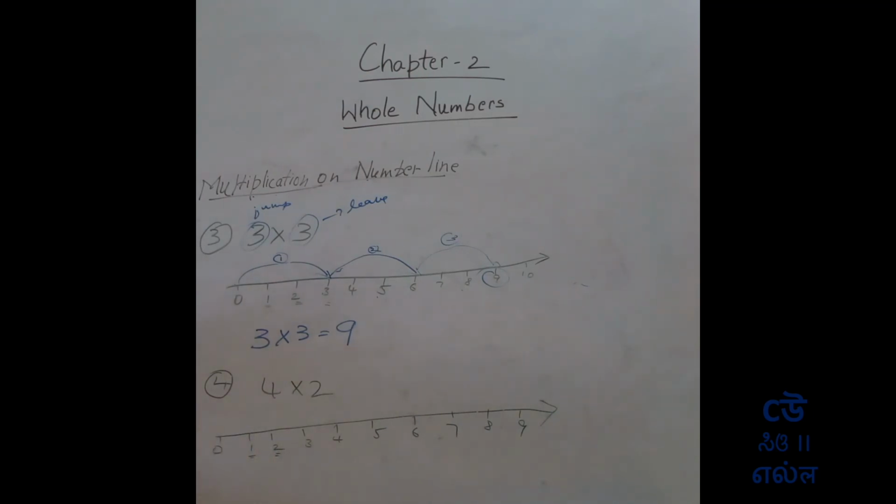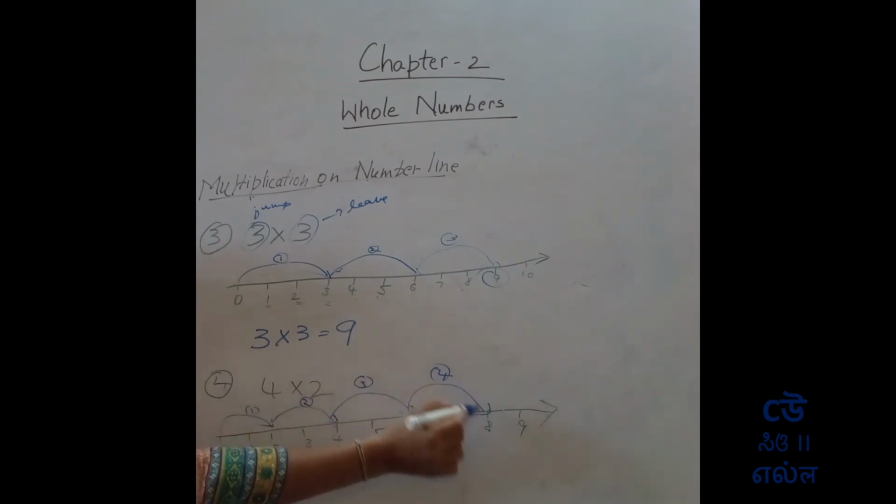If you jump 2 numbers, it will come from 0 to 2. You have to jump 4 times, leaving 2 numbers each time: 1, 2, 2 numbers you leave. Again 1, 2, and again 1, 2. So we jumped 4 times, right? 1, 2, 3, 4. What is the answer we got? 8.